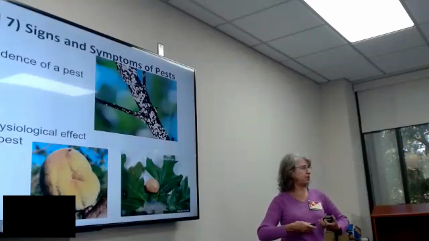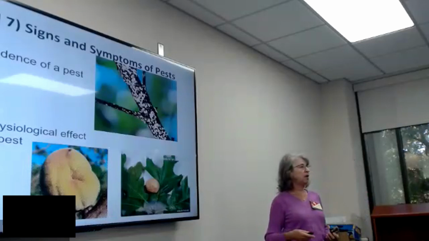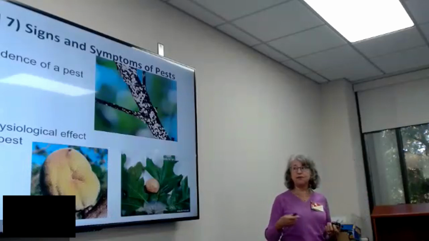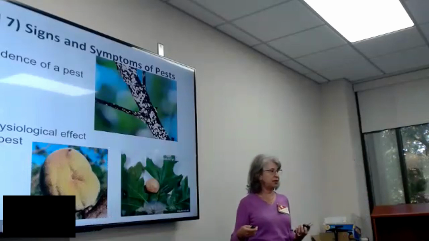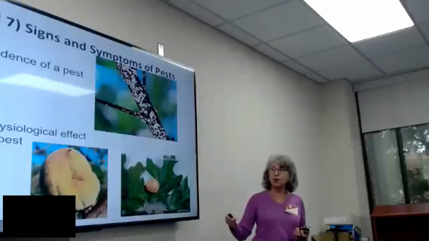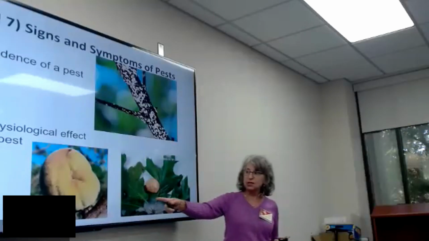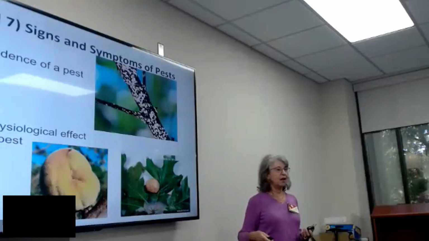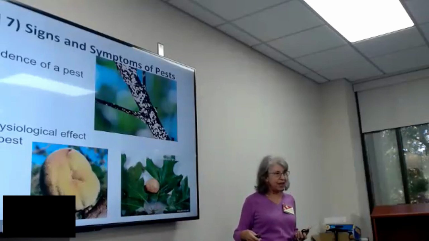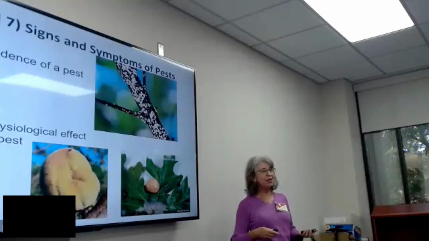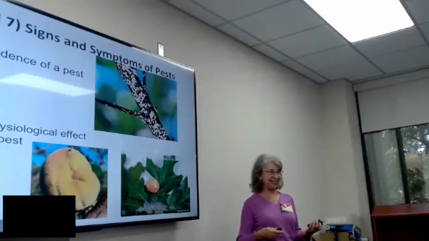Okay, symptoms. Symptoms are the plant's response to being attacked or infected. So they will have a physiological effect to that. This first one is a peach that's been cat-faced by brown marmorated stink bug.